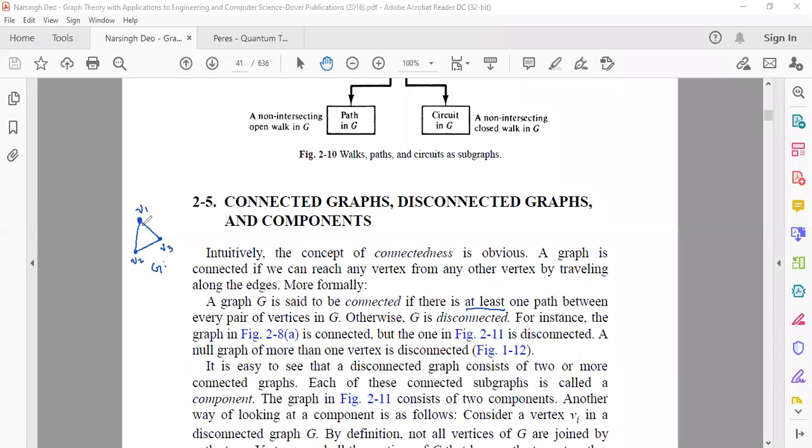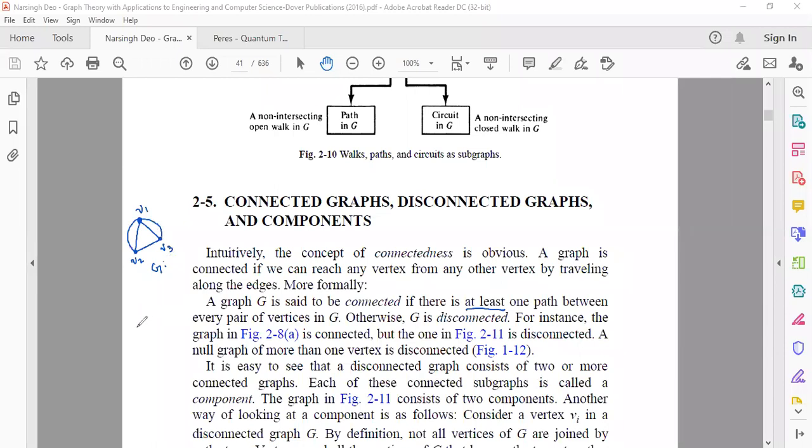Between a pair of vertices like V1 and V2, you can have a parallel edge also, so by two edges they may be connected to one another. You can have a diagram like this also. Therefore, the words at least are given. So if you can find at least one path between every pair of vertices in the graph, then we say that this graph is a connected graph.